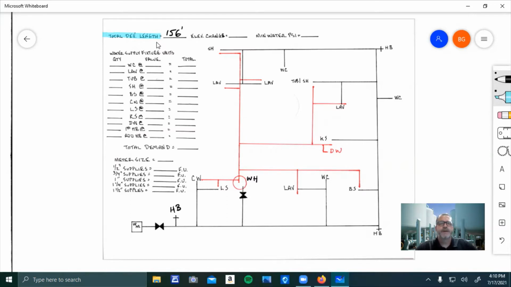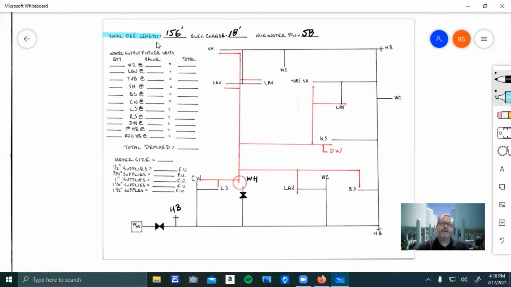Okay, let's have an elevation change of 18 feet, and let's have a minimum water pressure of 58.